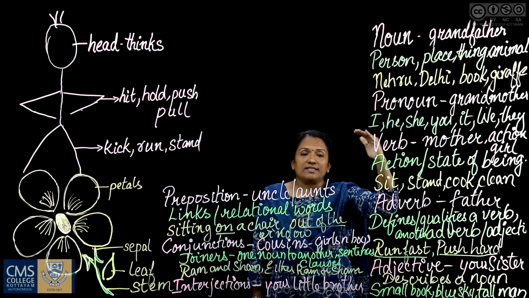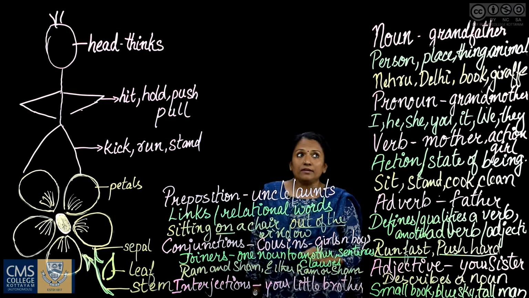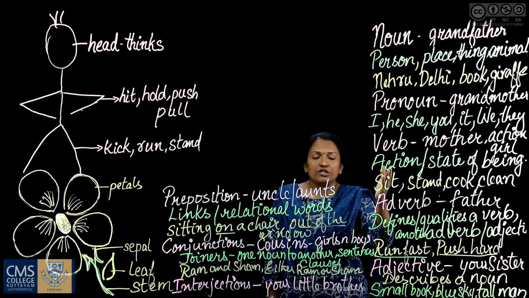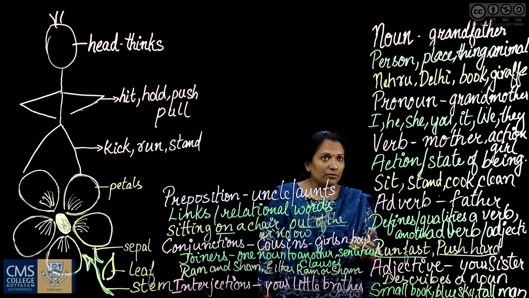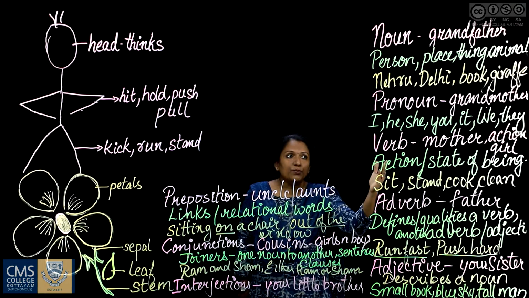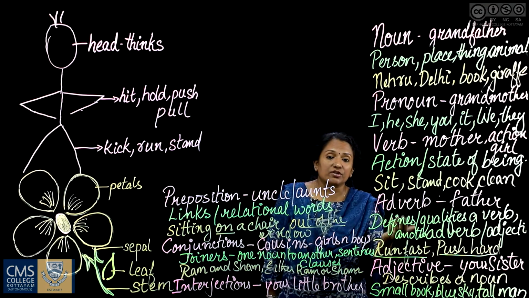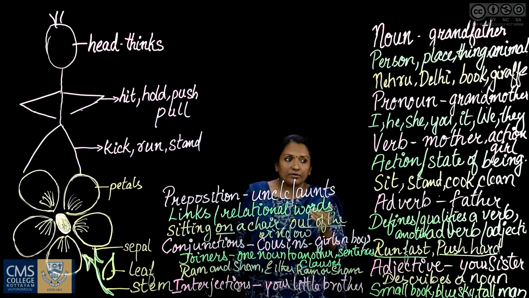Rushing through it once again, our parts of speech list begins with the noun, which is the name of a person, place, thing, or animal: Nehru, Delhi, book, giraffe. A pronoun, which stands instead of a noun, where you have I, she, you, it, we, they. A verb, which is an action word or which describes a state of being, where you sit, stand, cook, clean.